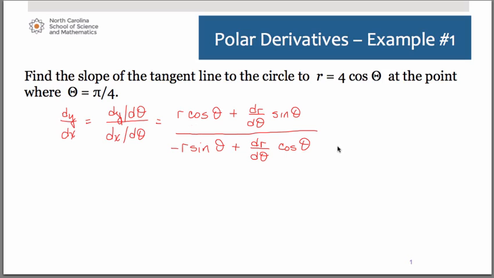And that is what we are going to substitute into here. Let's simply find our expression first for dy/dx, and then we'll substitute in theta equals pi over 4.